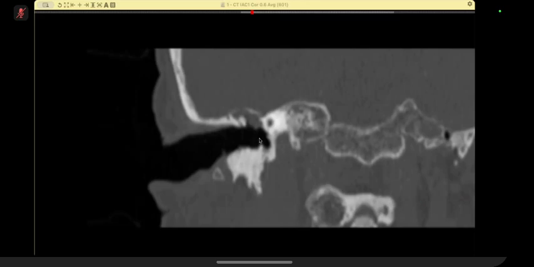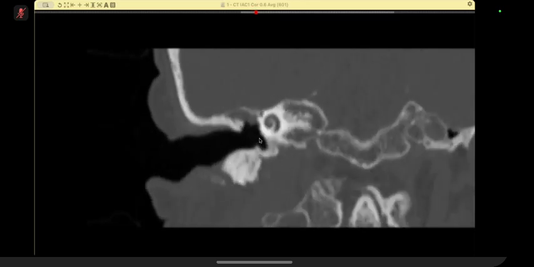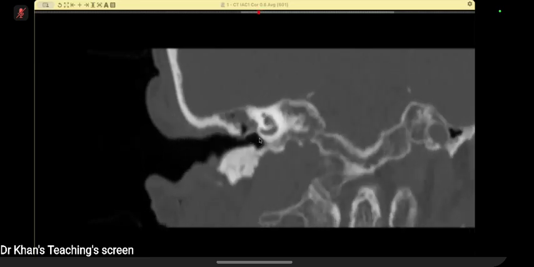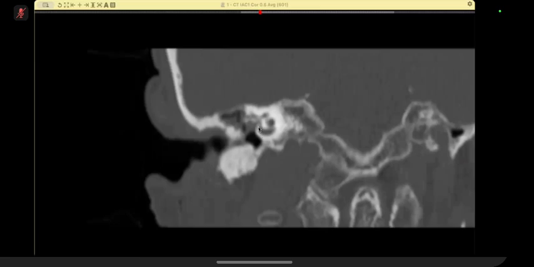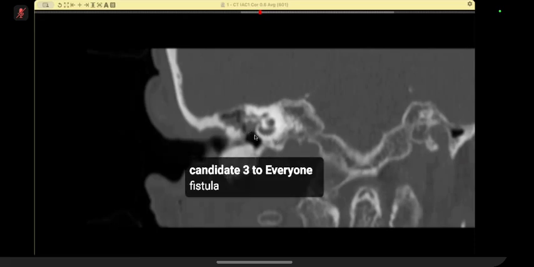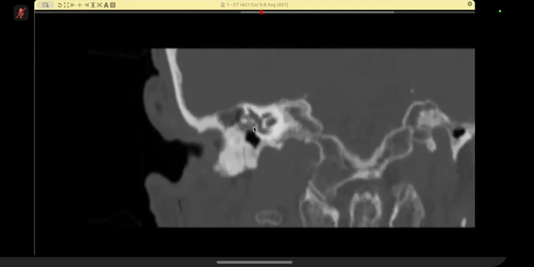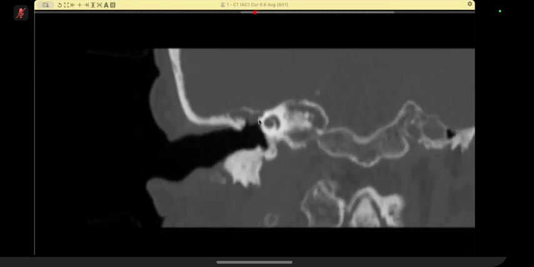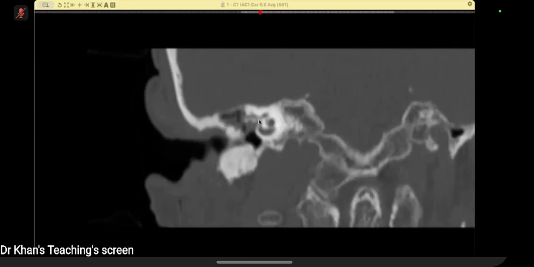Where is the lateral semicircular canal? Sir, lateral semicircular canal. So, show me the labyrinthine portion of the facial nerve canal. Okay, sir. Sir, this is the labyrinthine and this is the tympanic.